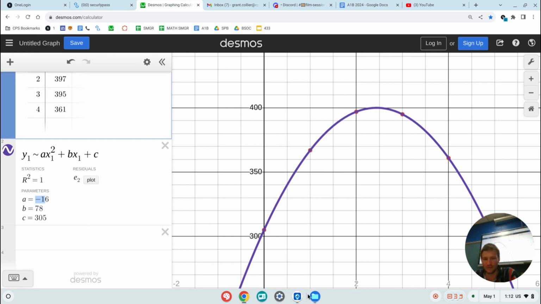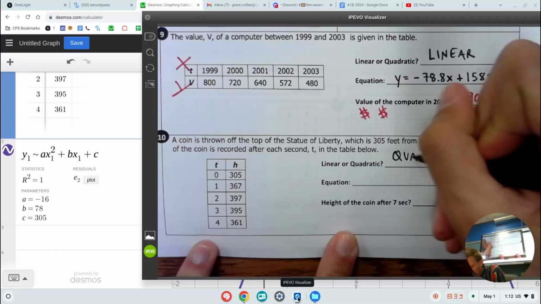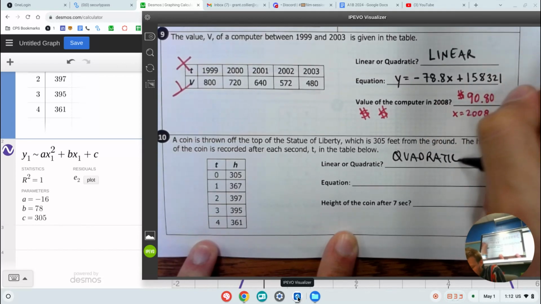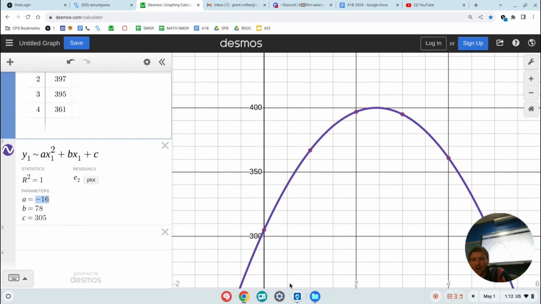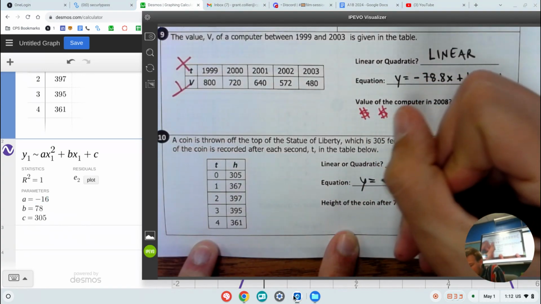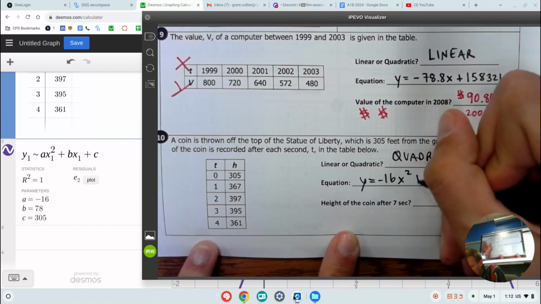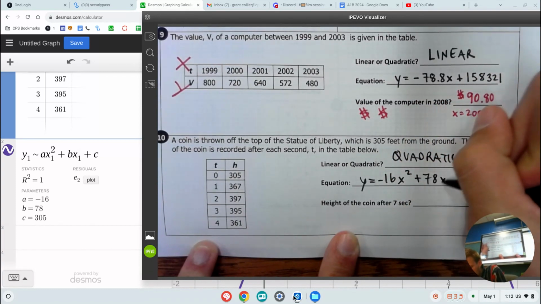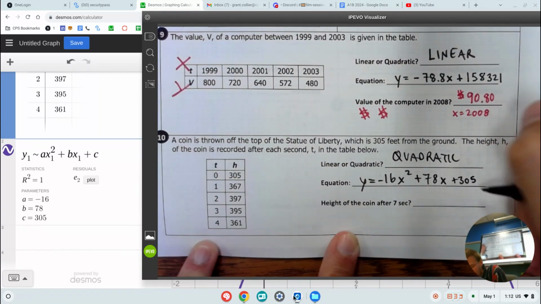We're going with quadratic, and the ABC values over here are going to be used. So we've got y equals, first is the A, negative 16. That one gets an x squared. B, 78. That one gets an x. And C, 305. That one gets no x's.